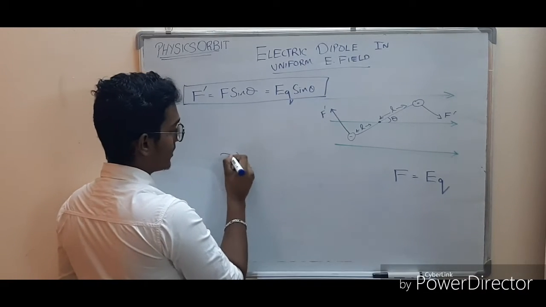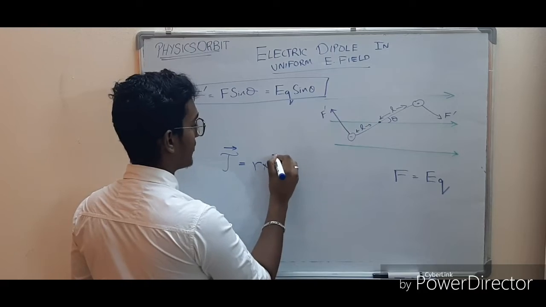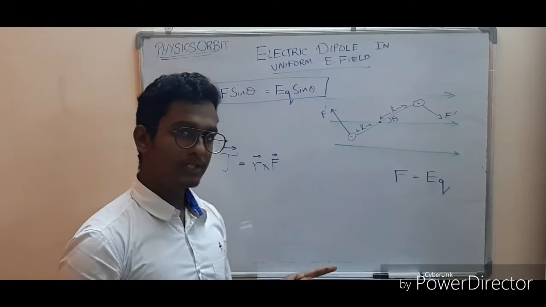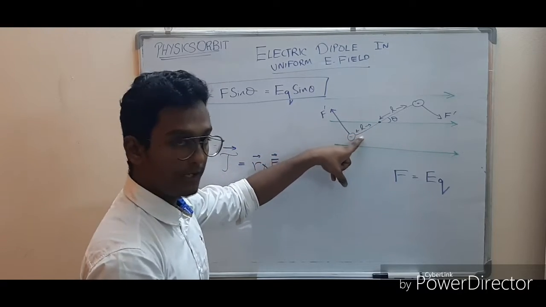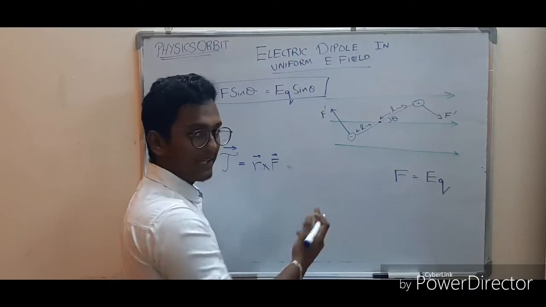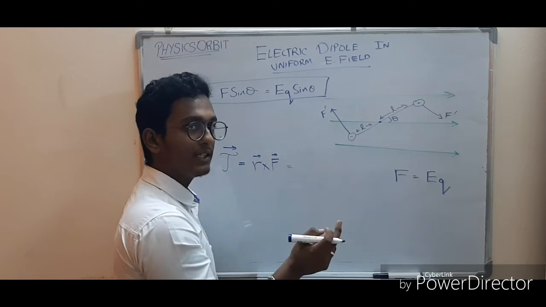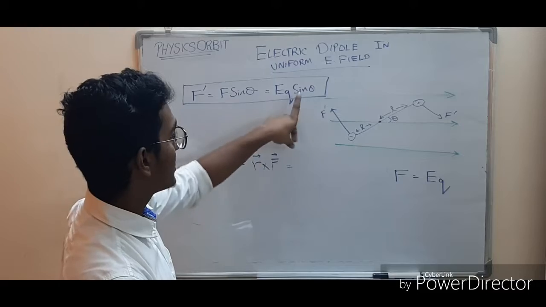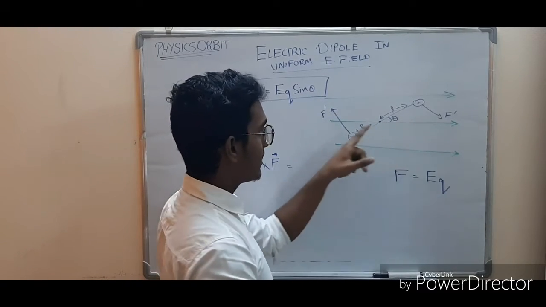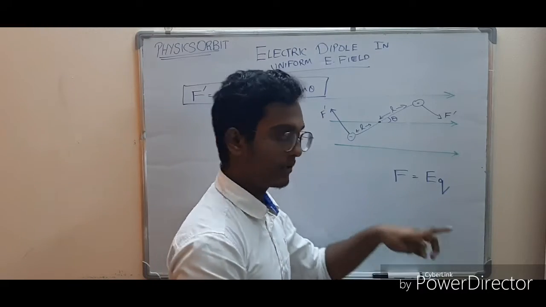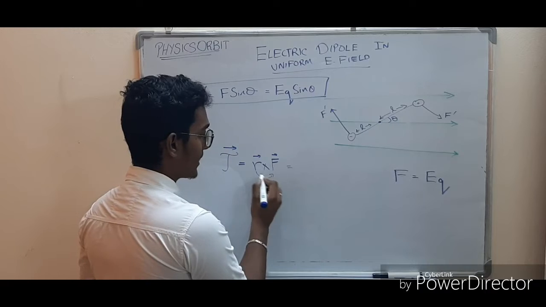So torque 2 is R cross F. That is the force cross the radius to the center of rotation times sine theta, because it's a vector product. So RF sine theta, where you should not confuse this sine theta with the earlier one. This theta we have assumed is the angle between the dipole and the electric field. But over here in the formula, the angle is between these two vectors.